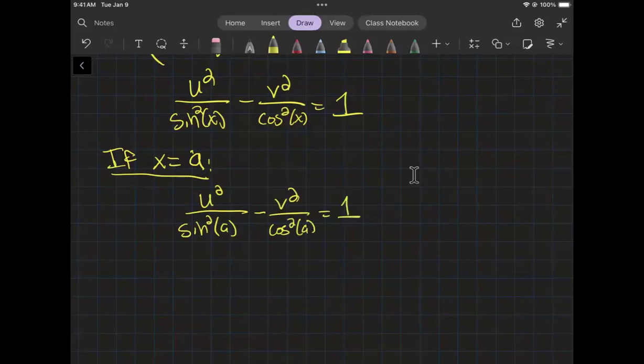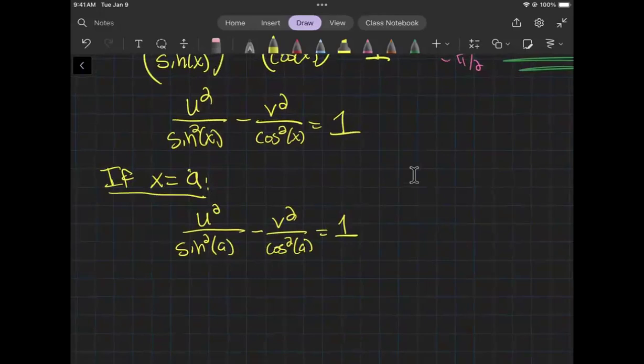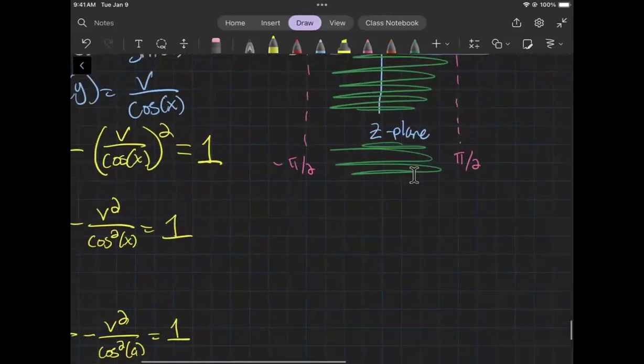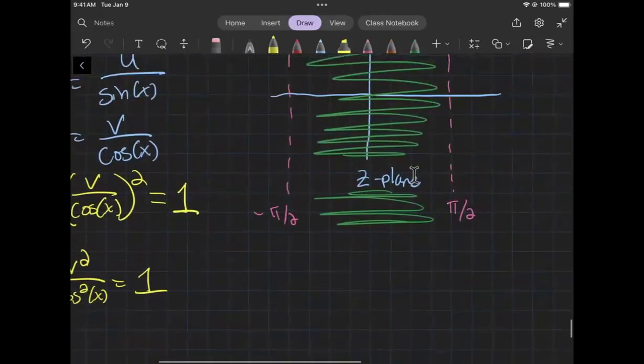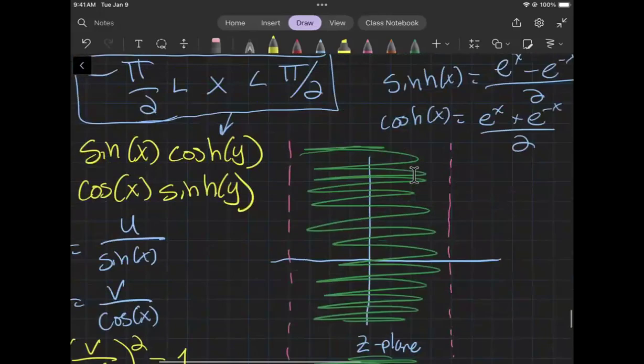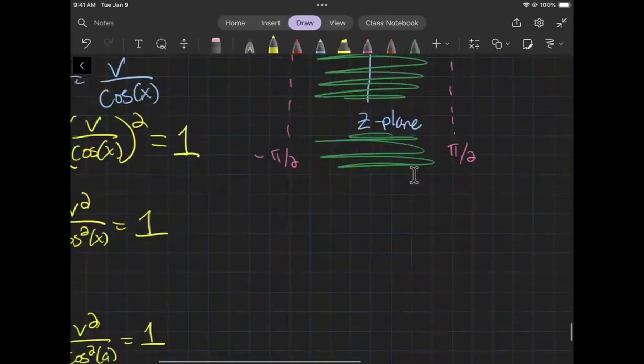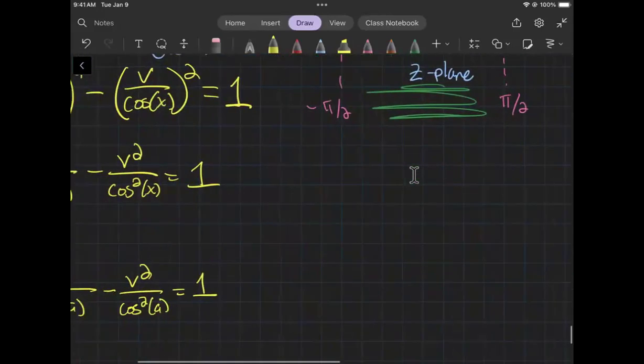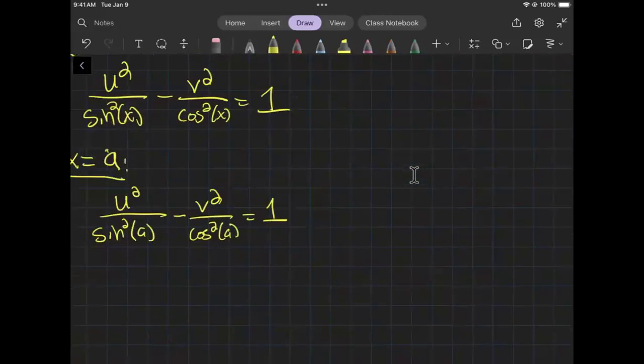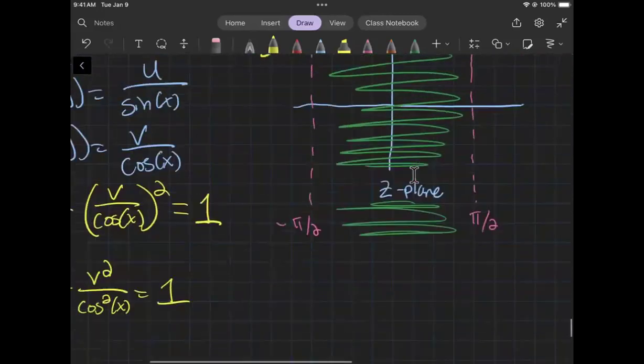Now the only restriction is where sine of a is 0. Our range is minus pi over 2 to pi over 2, so we're not including those values. Also at 0, cosine of 0 is 1 and sine of 0 is 0, so a can't be 0.